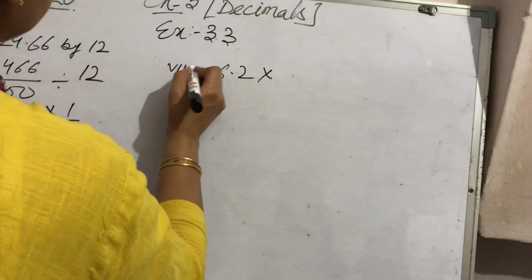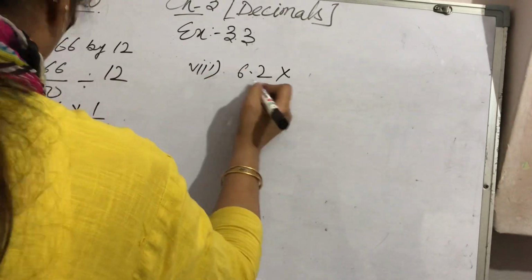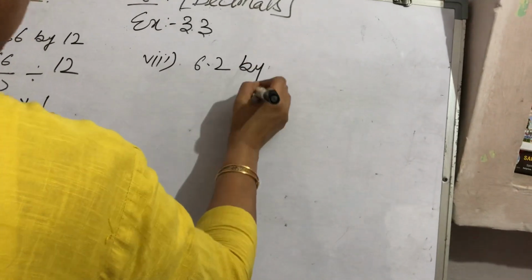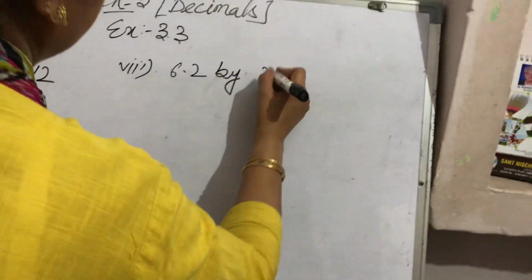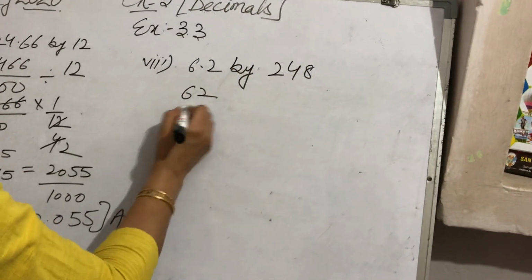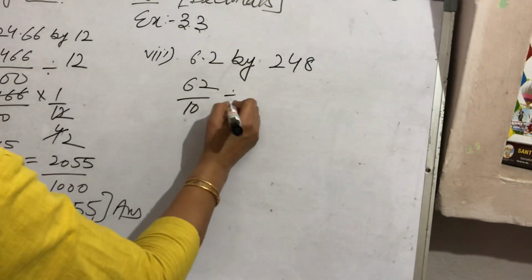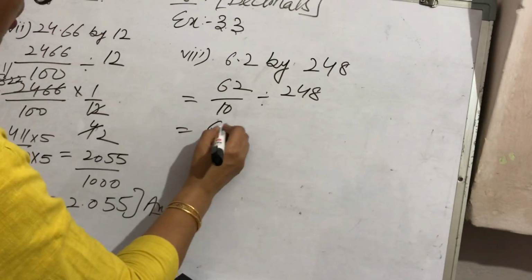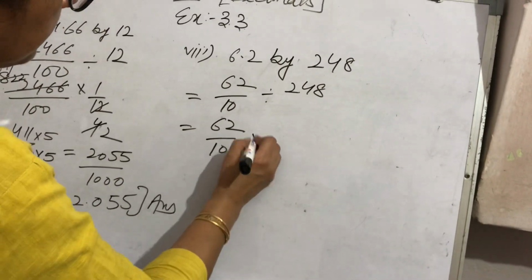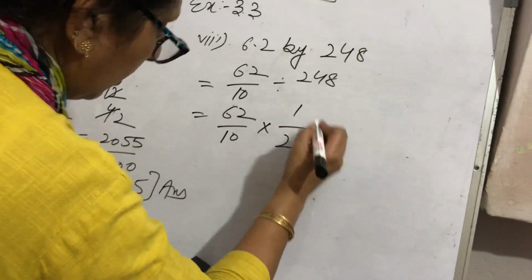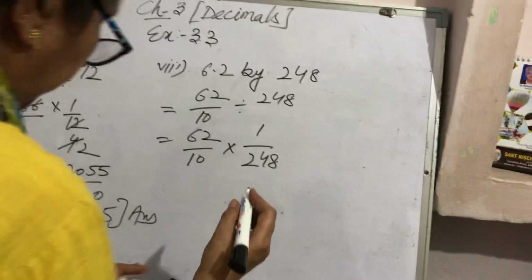8th part, 6.2 by 248. So 62 upon 10 divided by 248. 62 upon 10 multiply 1 upon 248.